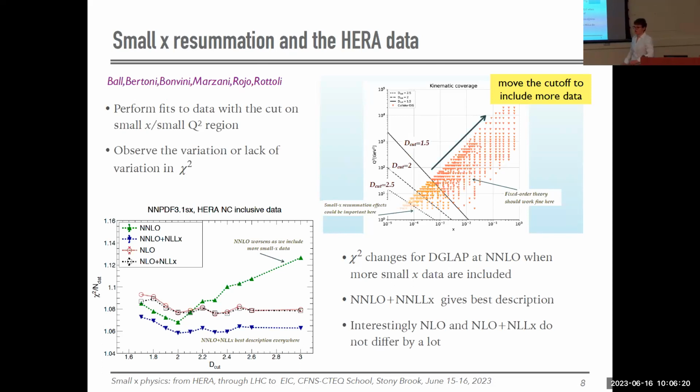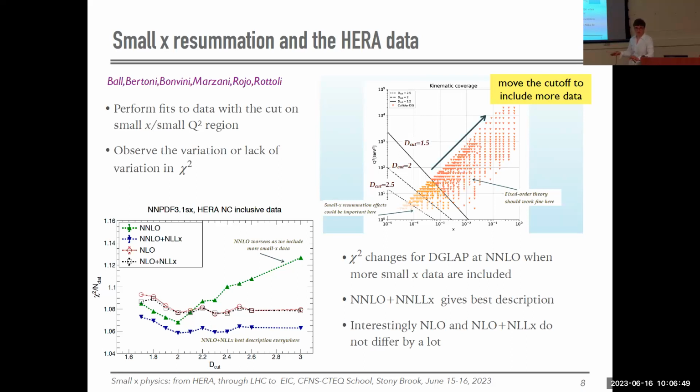Now, in the context of diffraction, there was a measurement by HERA which was also very striking, where the diffractive to inclusive ratio was measured, and it was flat as a function of the energy. And the saturation model would give you exactly that.